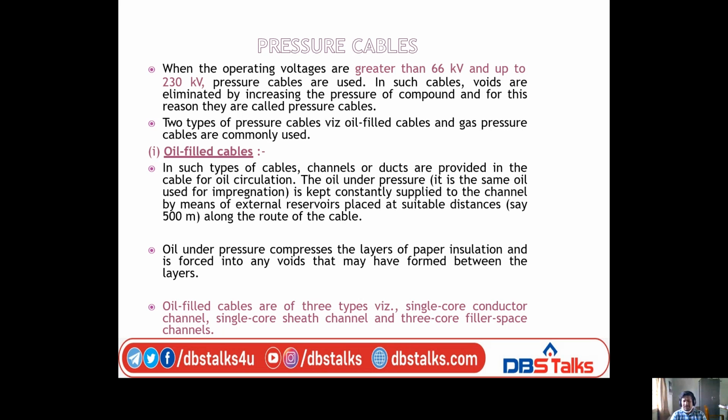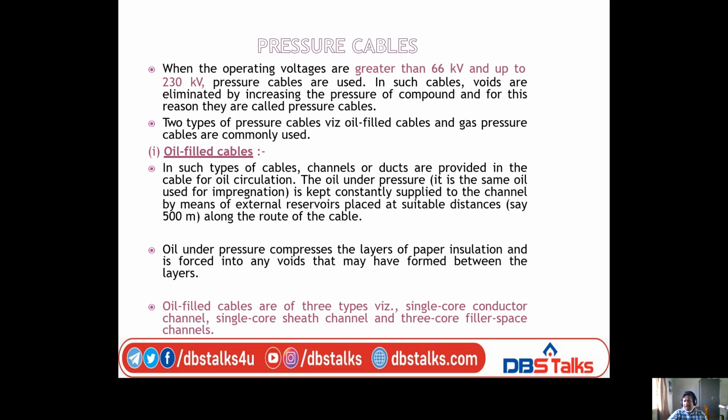Two types of pressure cables are commonly used: oil filled cables and gas pressure cables. Oil filled cables. In such cables, channels or ducts are provided in the cable for oil circulation. The oil under pressure is kept constant, supplied by external reservoirs placed at a suitable distance.